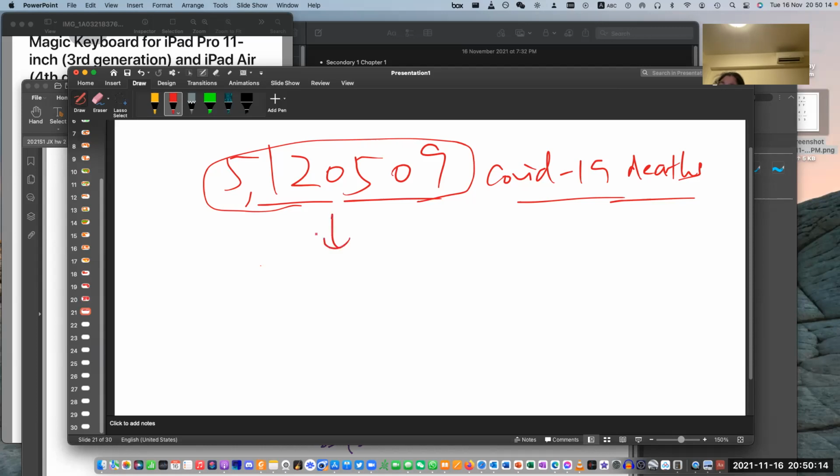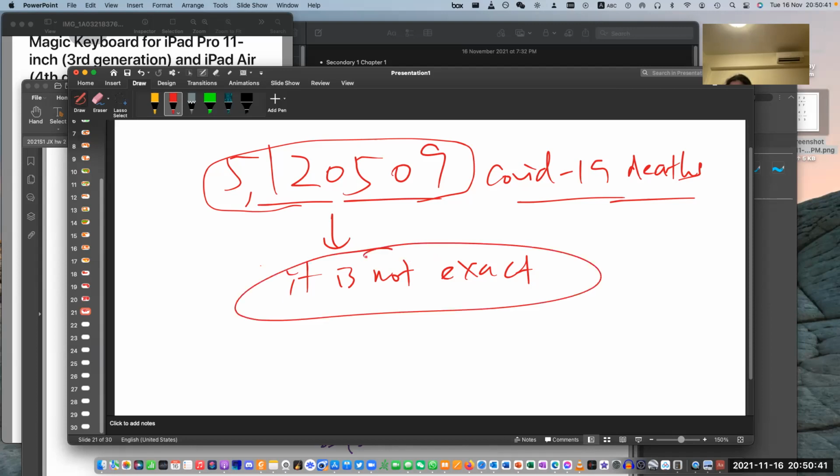This number is not exact. In a sense, some countries are still tabulating. Singapore is still counting. India might not want to tell you the truth. China is too busy with other stuff. Russia, probably they are underestimating. So this number is not exact. In fact, this number over here is also an estimate.